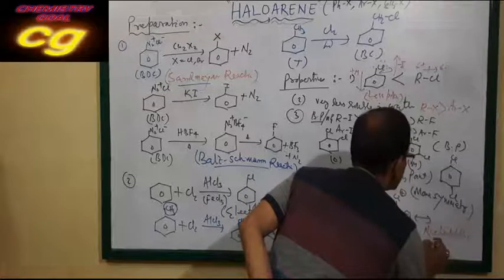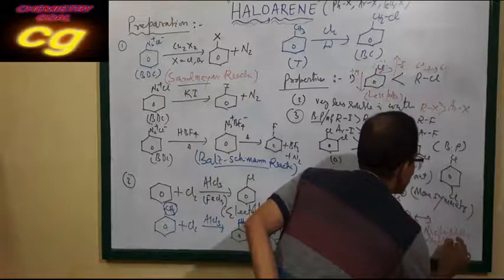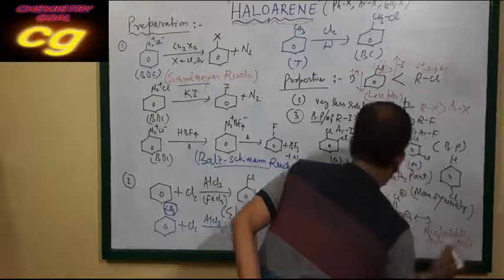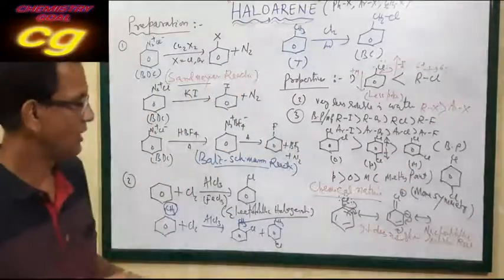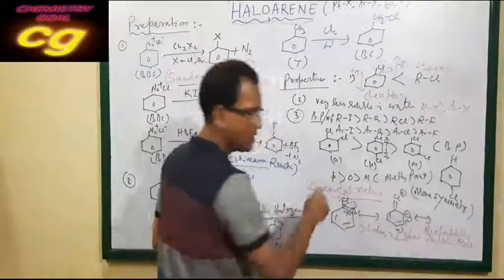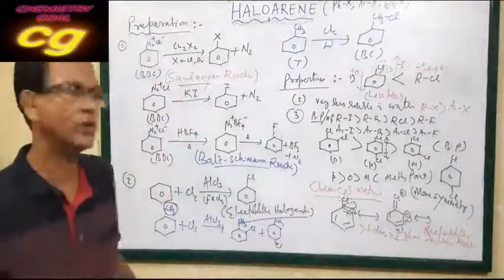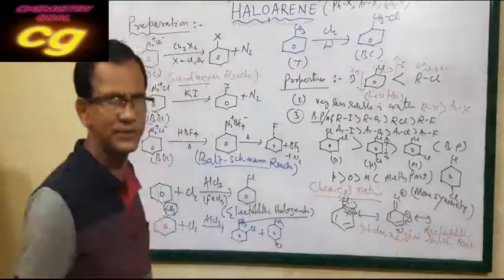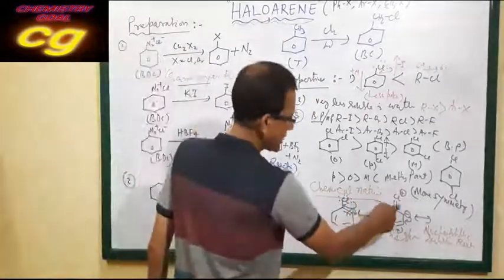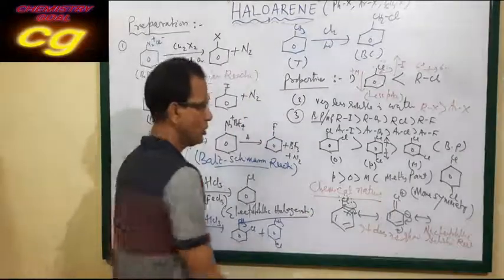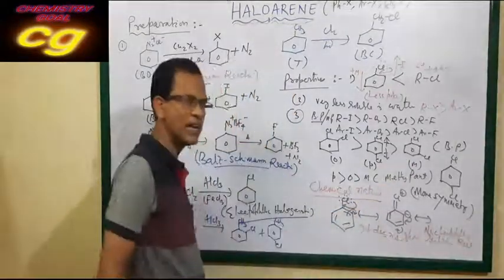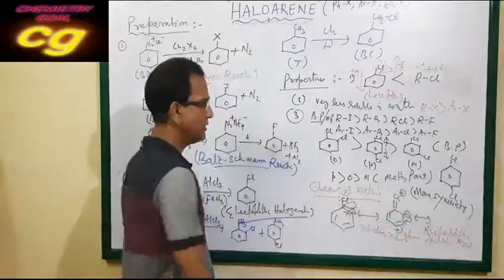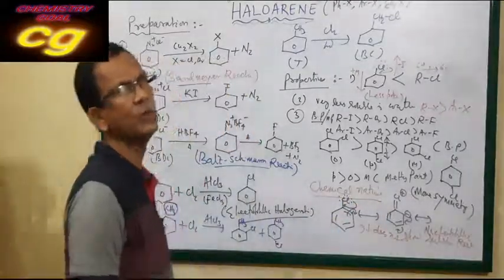Haloarene does not show nucleophilic substitution because this chlorine cannot be easily replaced: due to resonance it gets double bond nature. Due to the increased bond strength of the C-Cl bond, it cannot be replaced by a nucleophile.